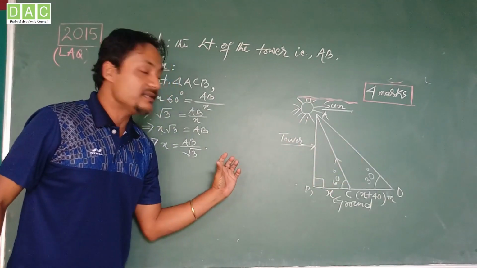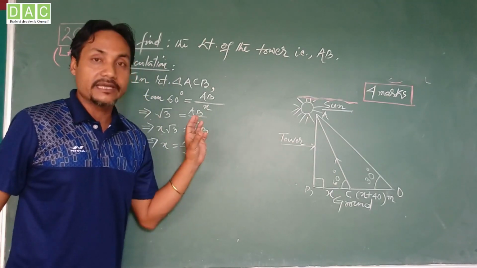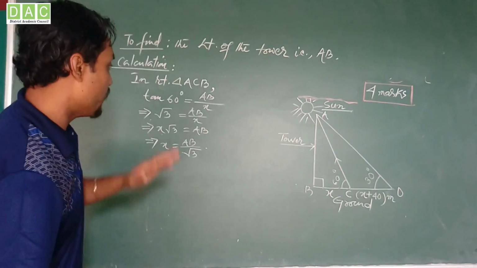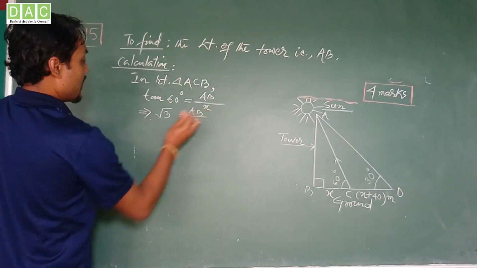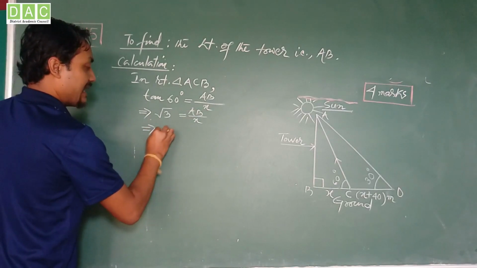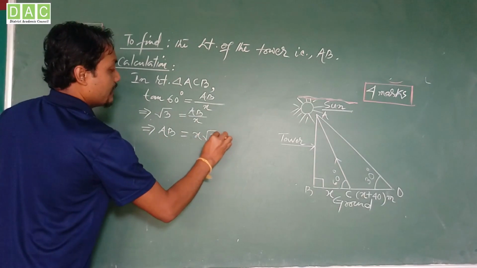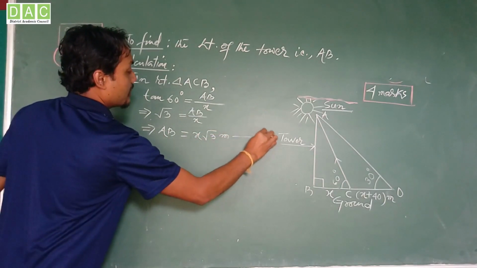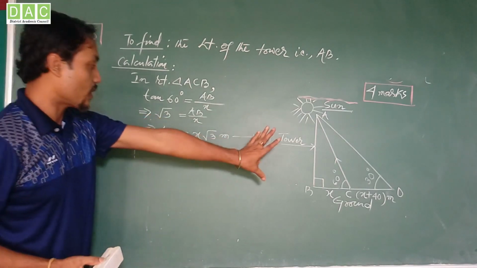So if we make the equation with the common part, I think this will be easier for the calculation. Suppose this AB is the common part. So if I make the equation with the common part, then we can write x root 3 meter. That is equation 1.